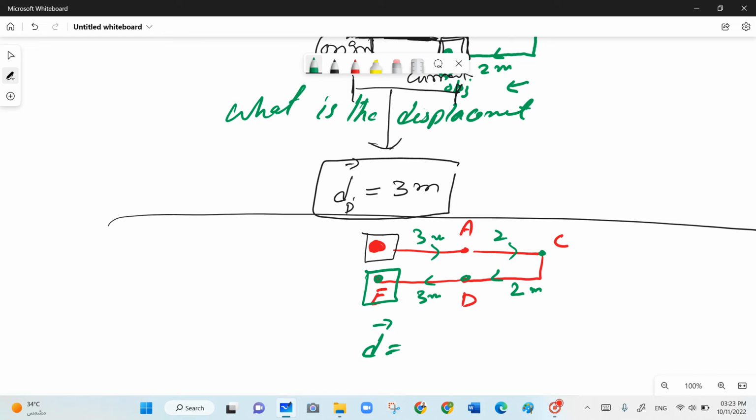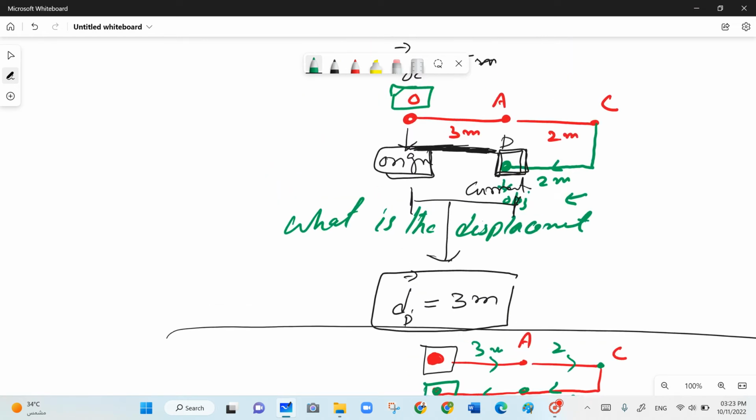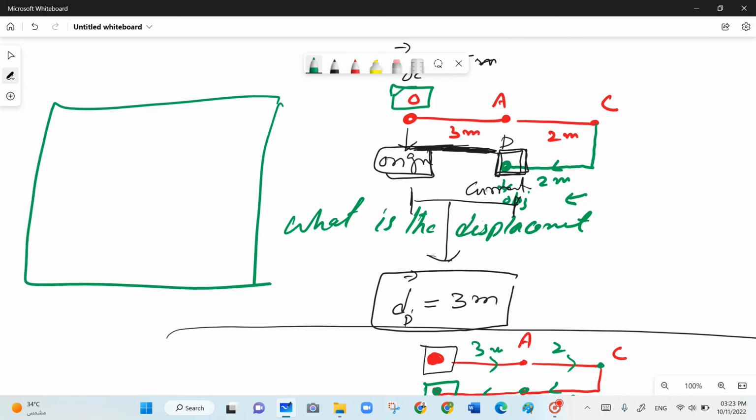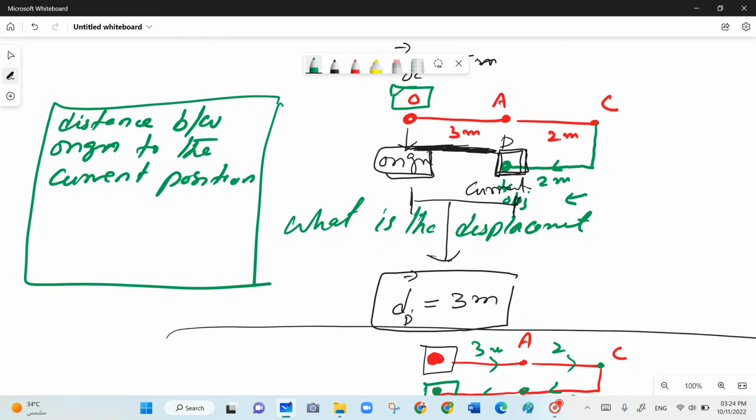So here, if you see the concept we discussed before, what is the displacement? Displacement is the distance between the origin and the current position, of course in a specific direction, what I explained before.